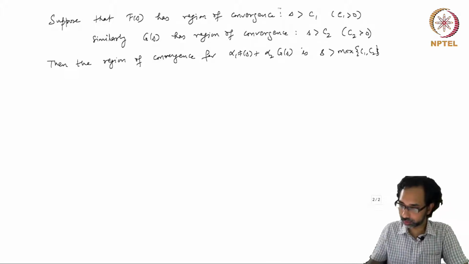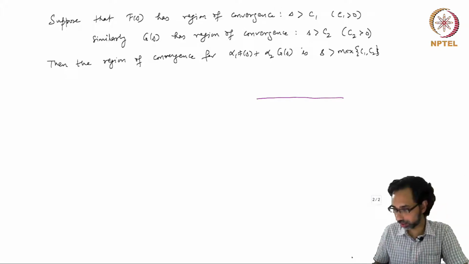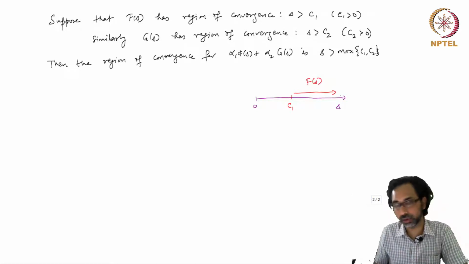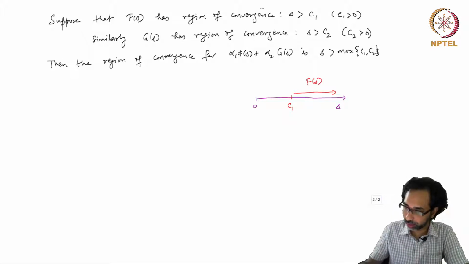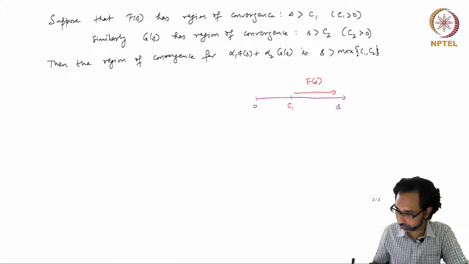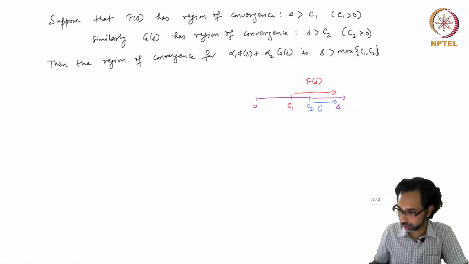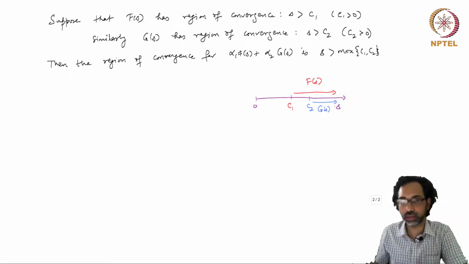So we have the real line, this is the s line, and suppose that this is c1, so F(s) is defined in the region the red arrow describes, and on the other hand suppose that we have c2 and the region of the blue arrow describes the region of convergence of G(s).